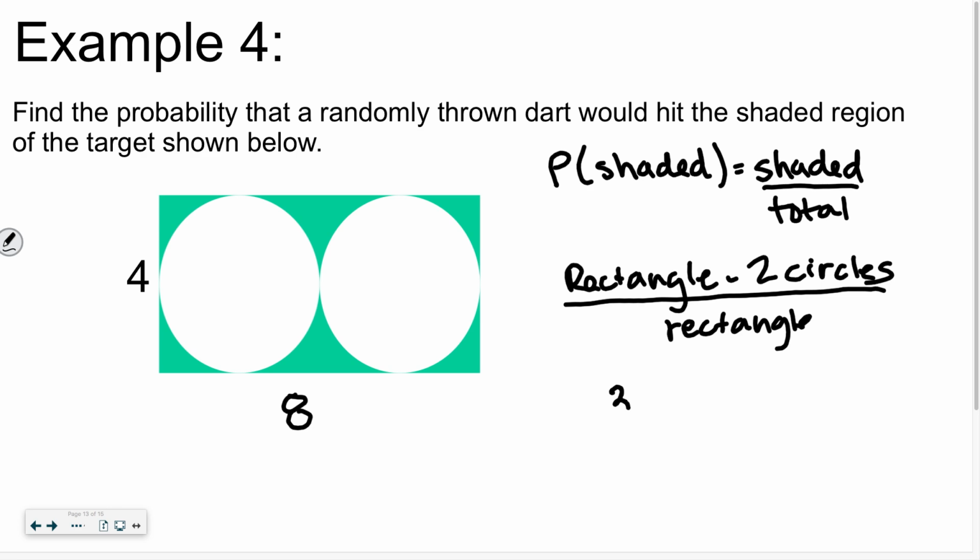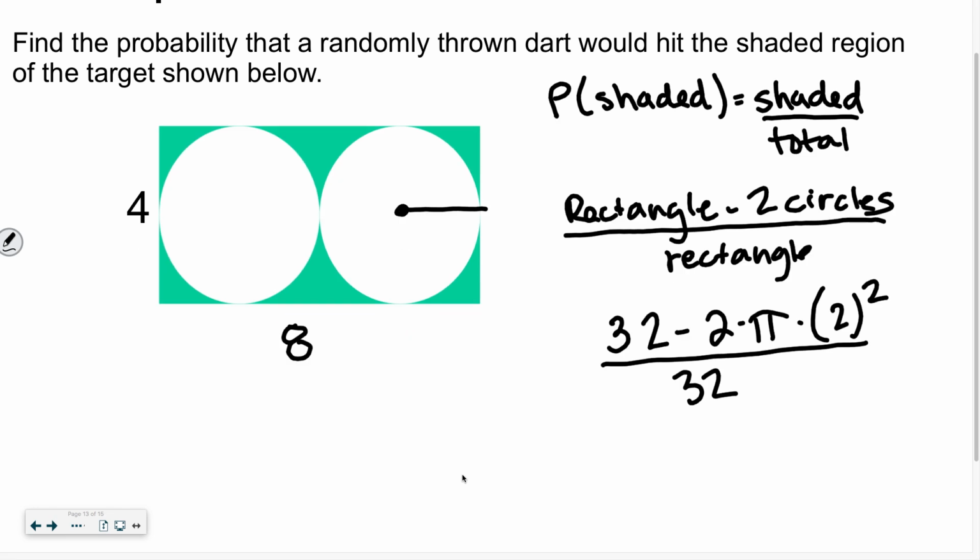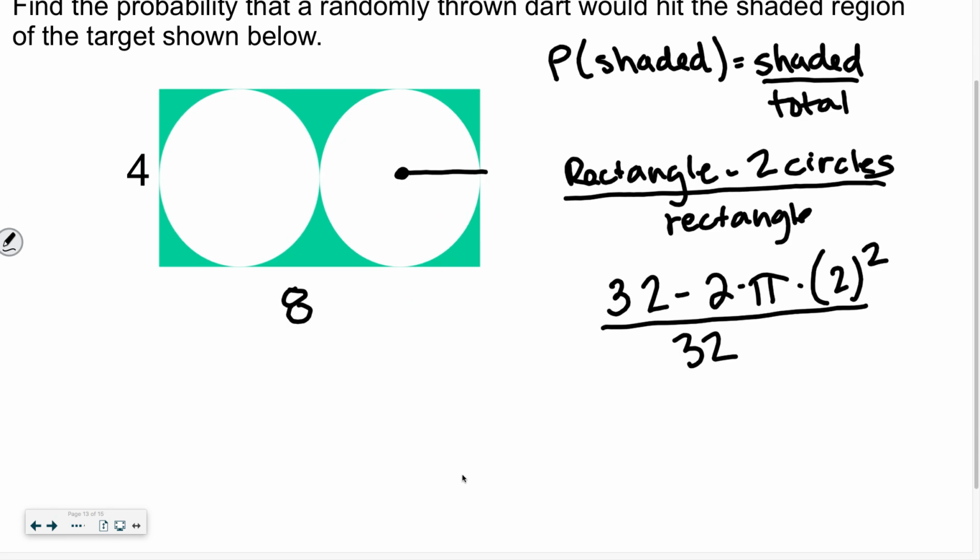So this would be 32 minus 2 times the area of the circle. Pi times what's your radius? 2. All over 32. And then I probably would simplify that a little bit. So 2 squared times 2, what is that, 8 pi?